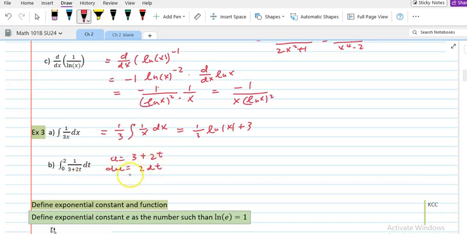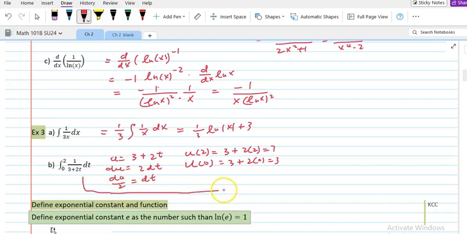I have a dt here, so du over 2 would equal dt. Then I'm going to change the limits also: the upper limit, 3 plus 2 times 2, equals 7. For the lower limit, at 0 it would equal 3 plus 2 times 0, which is 3.